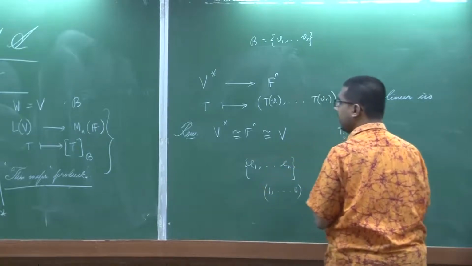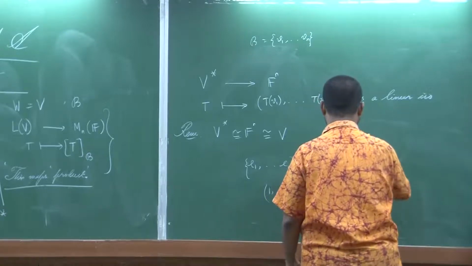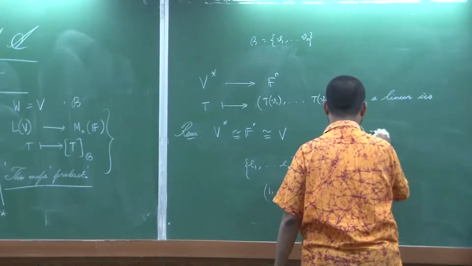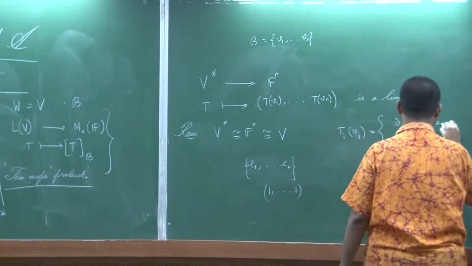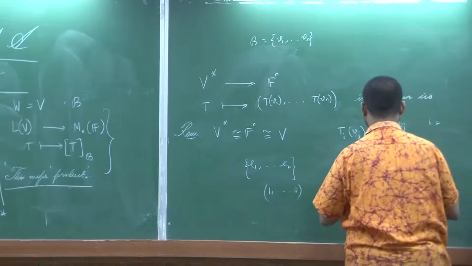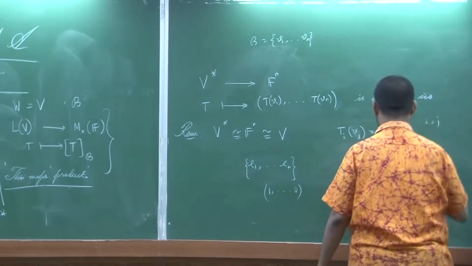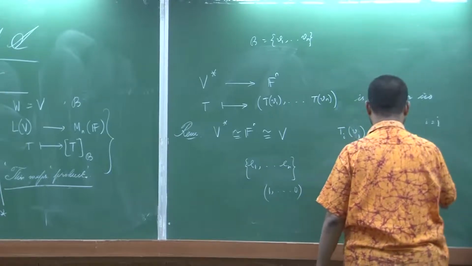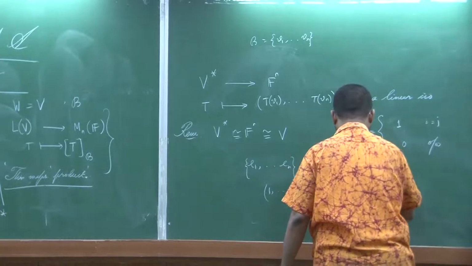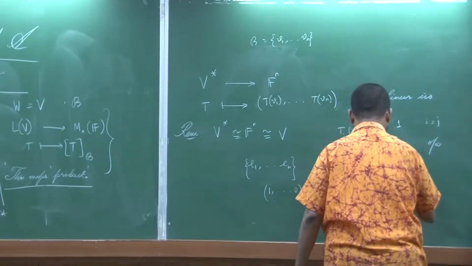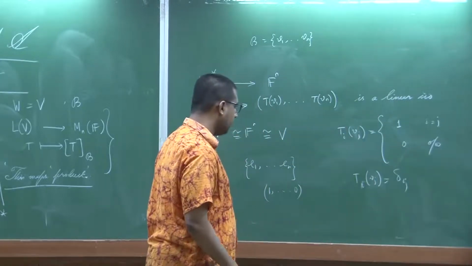Ti is going to be the linear map such that Ti of Vj is delta ij. So, it is 1 if i is j, 0 otherwise. So, using the notation, Ti Vj is delta ij, okay.